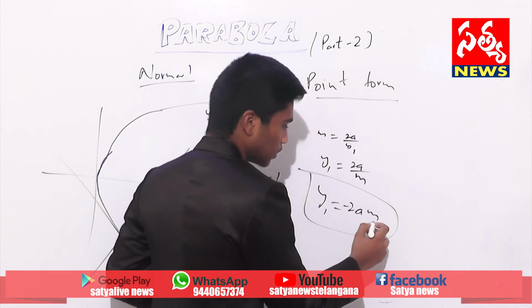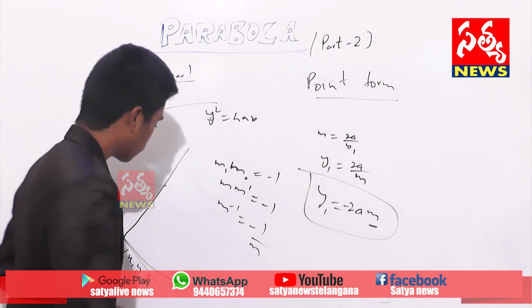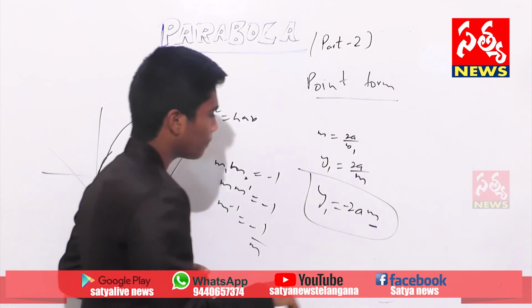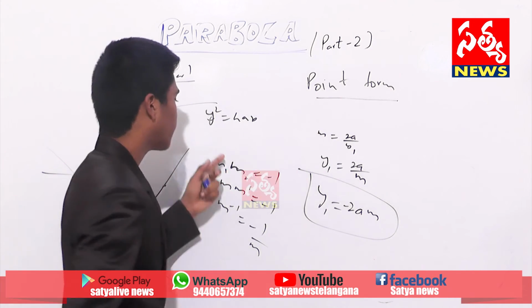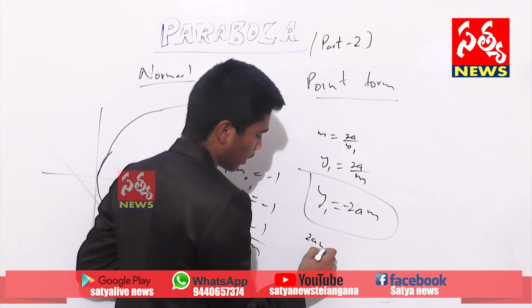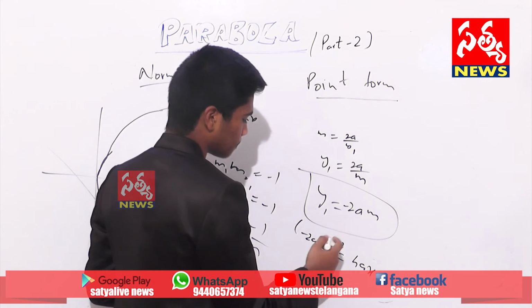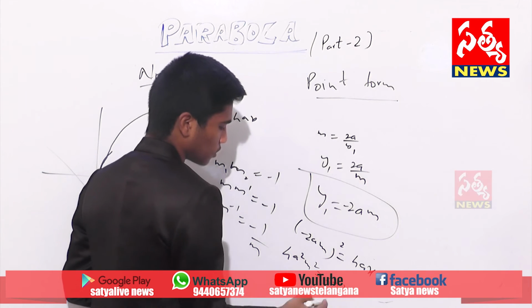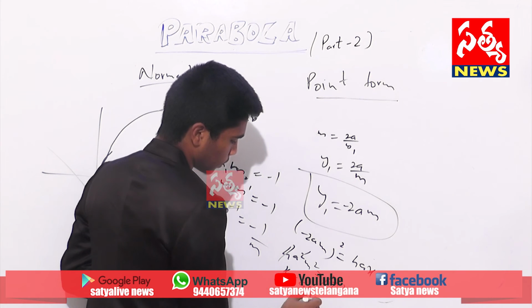Now, see here, don't confuse. Here m means the slope of the normal, not the slope of the tangent, okay? Now, for finding the x value, put the value of y1 in the equation. 2am whole square is equals to 4ax, right? 4a square m square is equals to 4ax. 4a gets cancelled and x is am square.